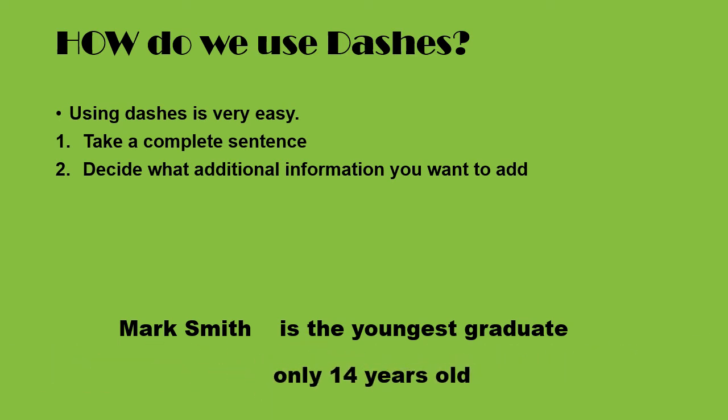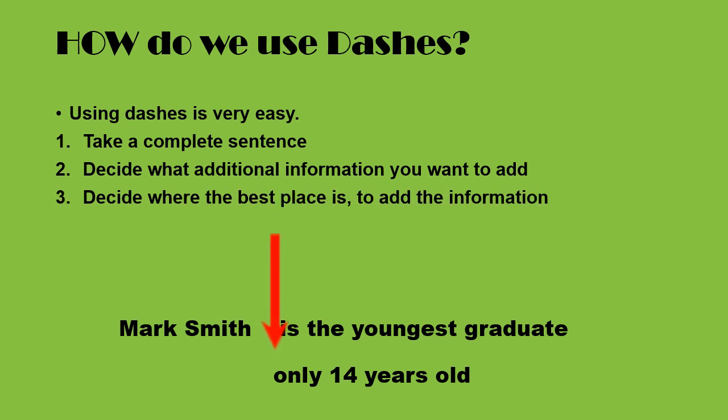Look at this. He's graduated university at only the age of 14 years. So that is surprising. He must have been a genius to finish primary school, secondary school, and university at such a young age. Very surprising.